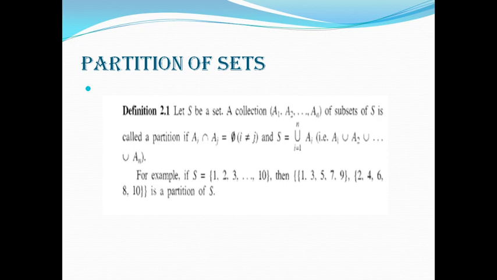That is Ai intersection Aj, we are randomly choosing any two sets, and we repeat it for the whole partition, and its intersection is equal to the null set, and when we take union of it, it must be the set S. For example, here I take 1, 2, 3, etc. up to 10. Then I made two partitions.